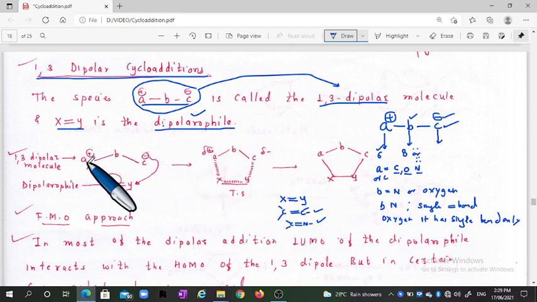This is the syn type addition, and we will obtain such type of product.